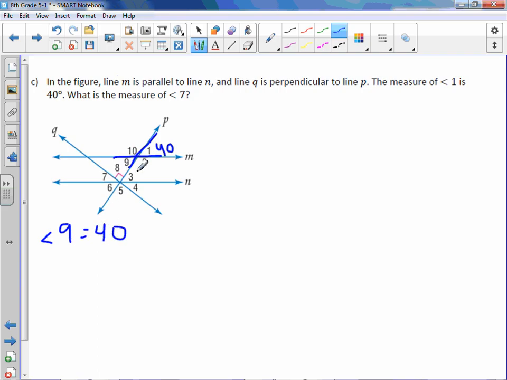I know that angle 8 is 90 degrees because it's a right angle. And I know that angle 3 here is 40 degrees because it's corresponding to angle 1.